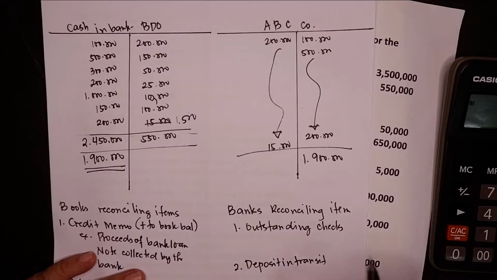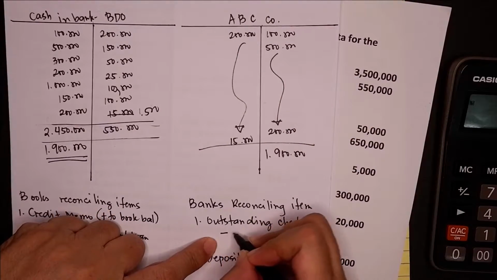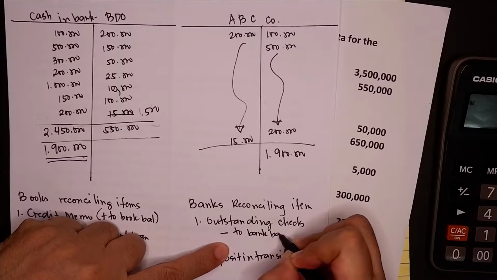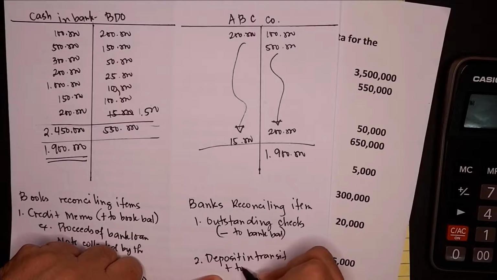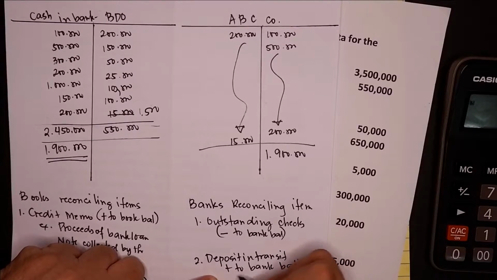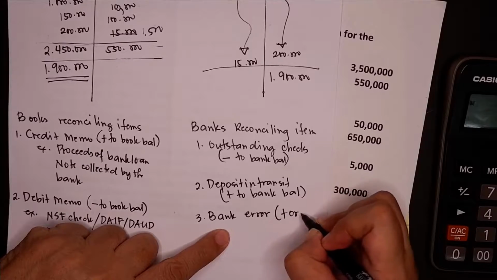Okay, outstanding check, to reconcile, that is minus to bank balance. Okay, this one, deposit in transit, is plus to bank balance. And again, this one, bank error, that is plus or minus.